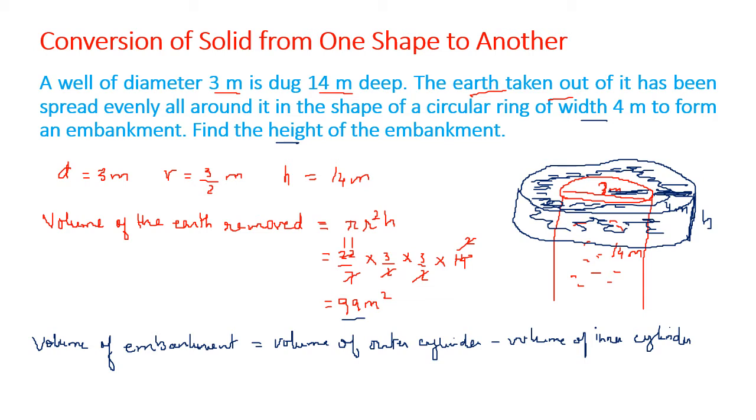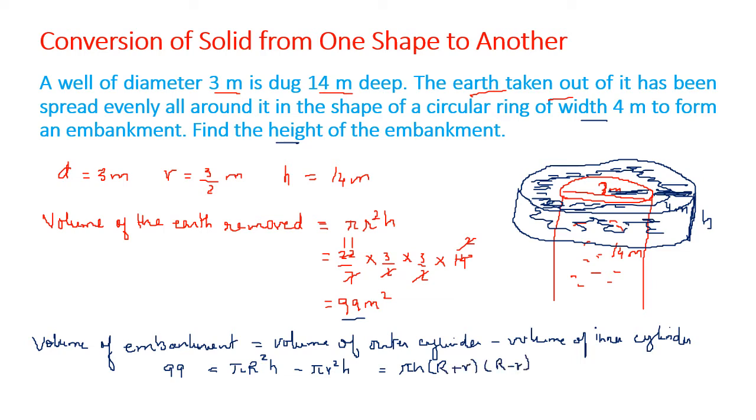Now what is the volume of the embankment? We know it is 99 meter cube, but this is pi R square h, I'm writing capital R for the outer, minus pi r square h, I'm writing small r for the inner. So pi and h I will take common. I will get R plus r into R minus r.